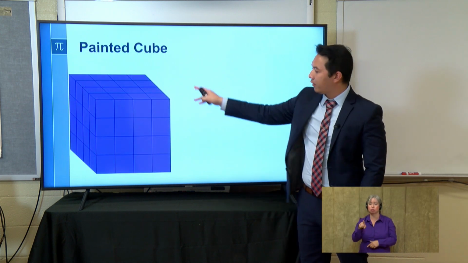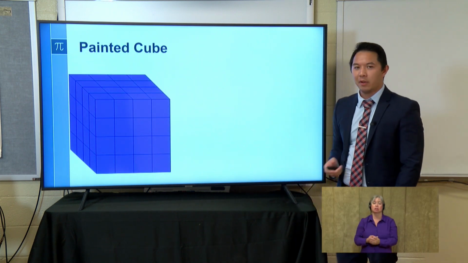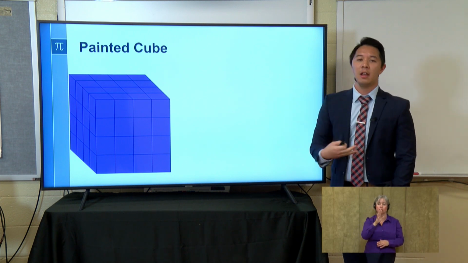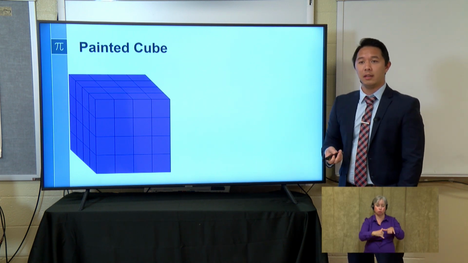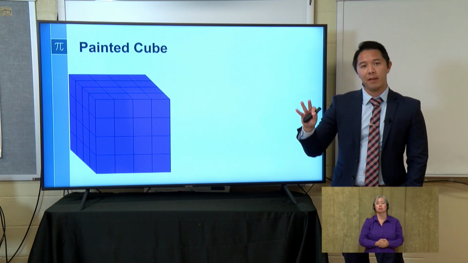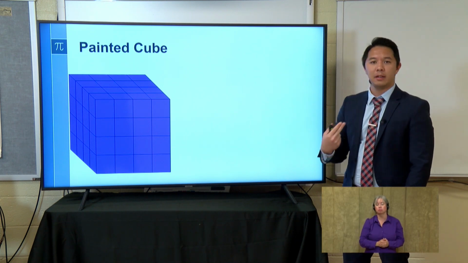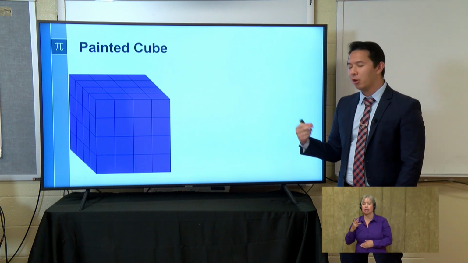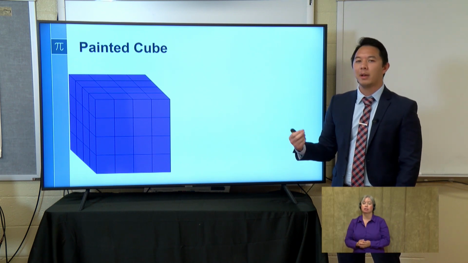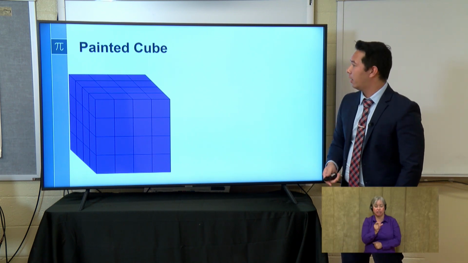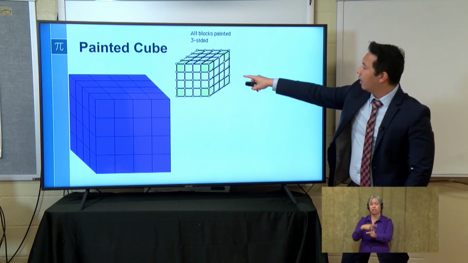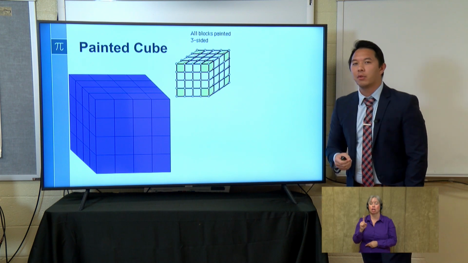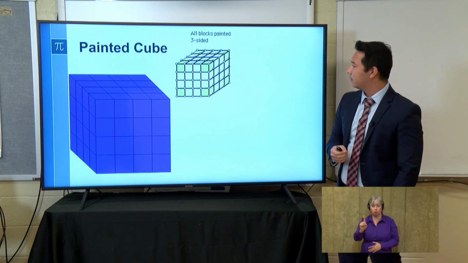So when we're looking at this 4x4x4 cube, all of it's covered in paint. What I'm going to show you here is the location of where each of the unit cubes, the ones that have 3 faces painted, 2 faces painted, 1 face painted, and 0 faces painted, are located. And I want you to think about how many of each type there are. So in this particular image, I'm showing you where the location of the 3 faces painted are going to be.